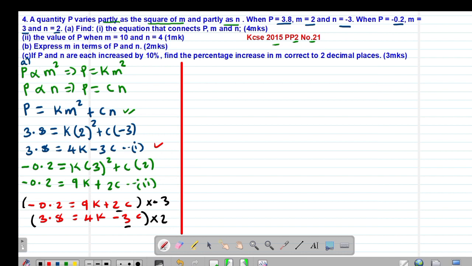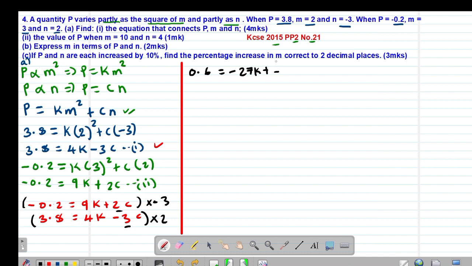So I'm having negative 3 multiplying with negative 0.2, which is going to give me positive 0.6. So 0.6 being equal to 9K multiplied by negative 3, I'll get negative 27K. Then of course 2 times negative 3, I'll get negative 6C.